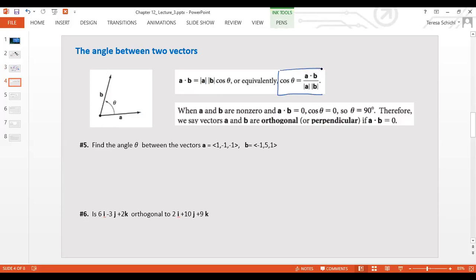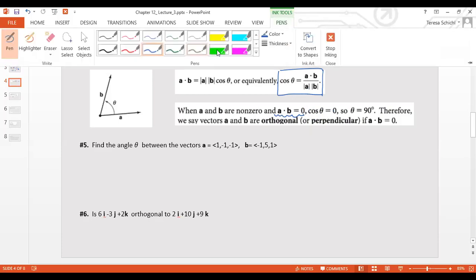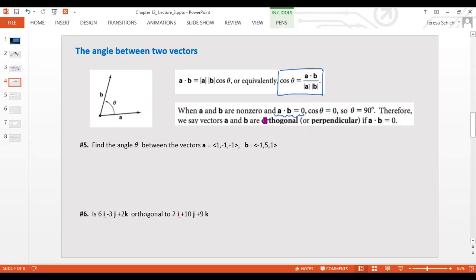Cosine theta is equal to A dot B over the length of A times the length of B. Also, if A dot B equals 0, you plug in and we know cosine theta equals 0. Then what happens here? They are perpendicular, right? So it's orthogonal, or we say it's perpendicular, if A dot B is equal to 0.